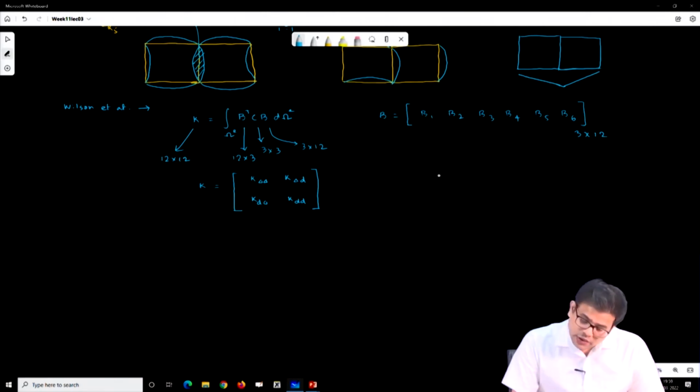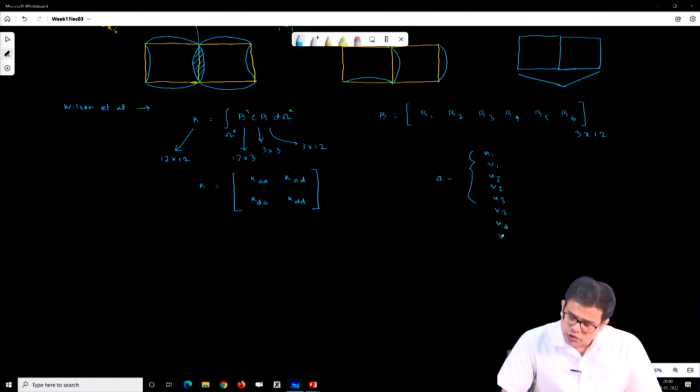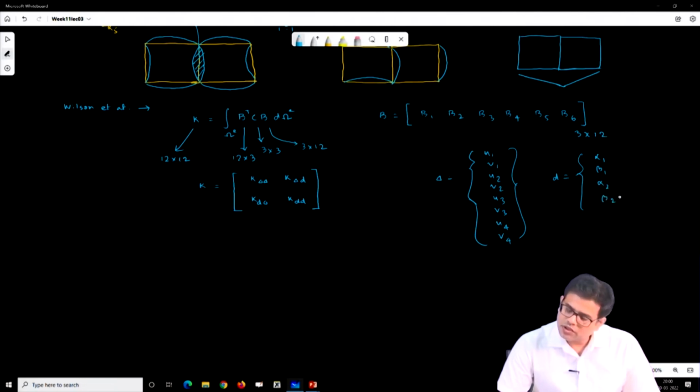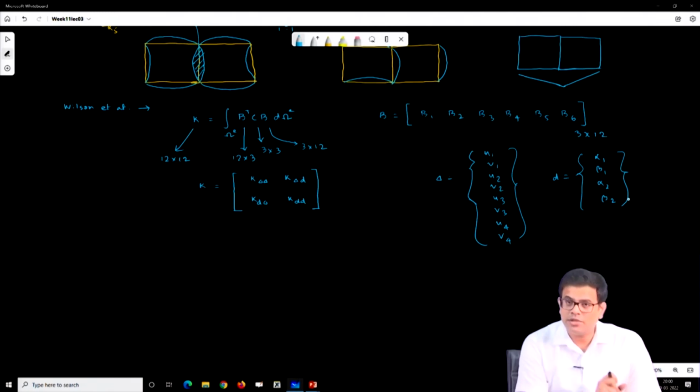I will explain. Delta is essentially U1, V1, U2, V2, U3, V3 and U4, V4, those 8 degrees of freedom associated with the Q4 element. And D is essentially alpha 1, beta 1, alpha 2, beta 2. These are my additional constants due to the incompatible modes.